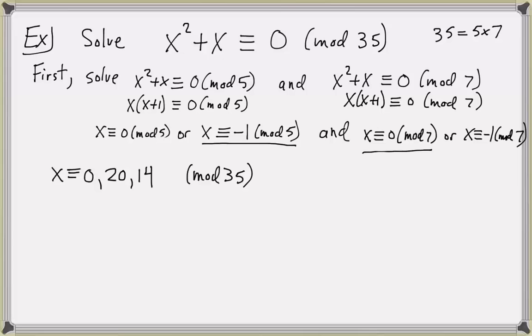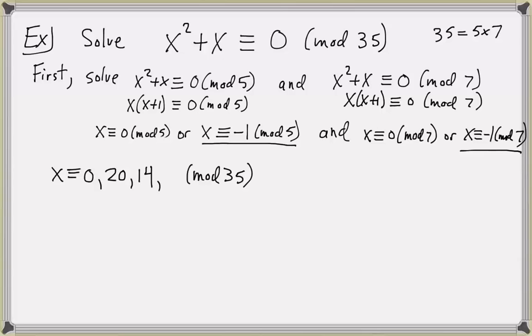So if I combine these two congruences, mod 5 and mod 7, I see that x would be congruent to 0 mod 35. And then finally, if I look at x congruent to negative 1 mod 5 and x congruent to negative 1 mod 7, then a number that is negative 1 mod 5 and negative 1 mod 7 would also be negative 1 mod 35.